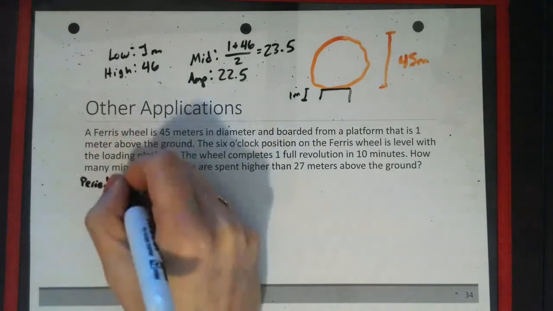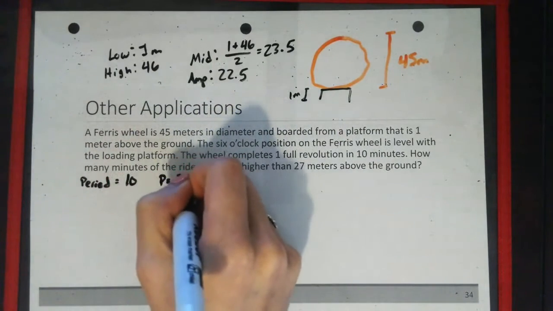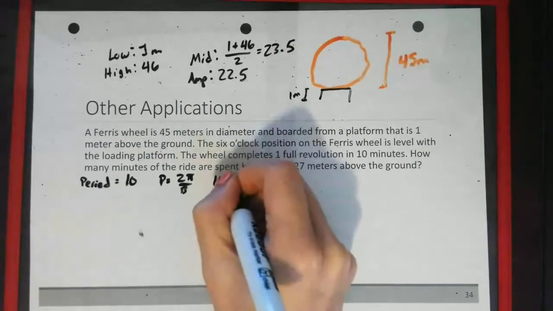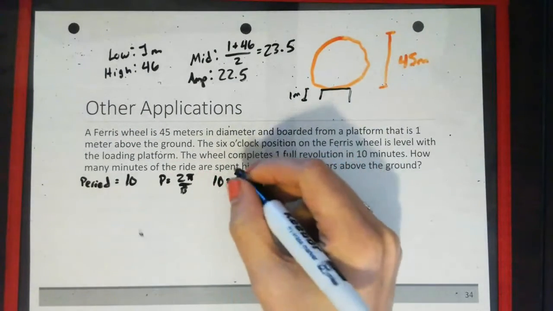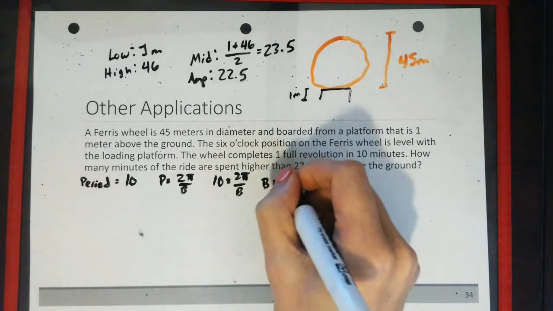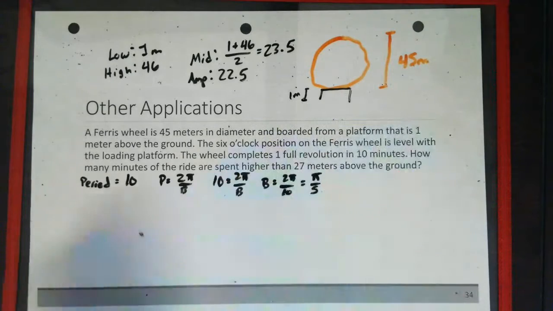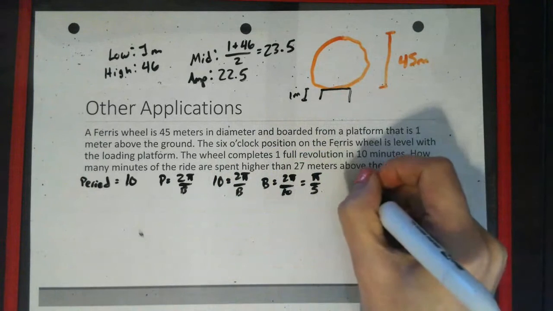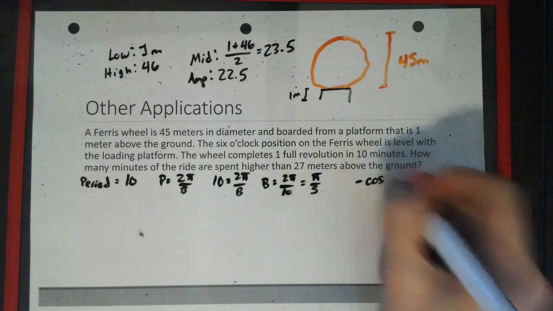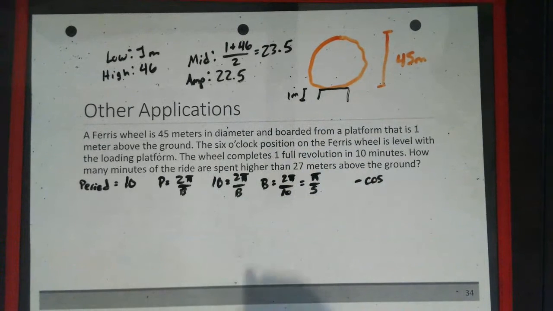If period equals 2 pi over b, then 10 equals 2 pi over b. Multiplying by b, dividing by 10, we get b equals 2 pi over 10, or pi over 5. Because they start at the bottom of the Ferris wheel, we're starting at our low point, which is negative cosine. So it looks like we have an equation we can write.